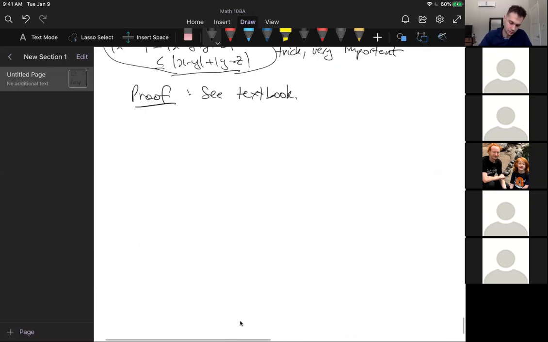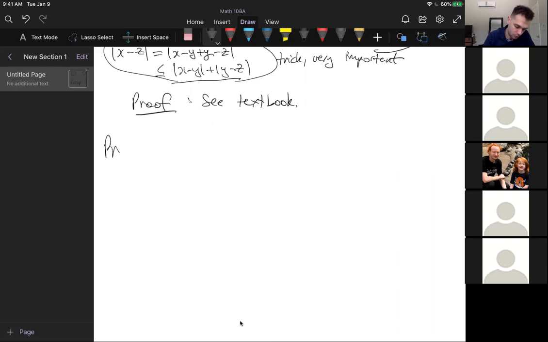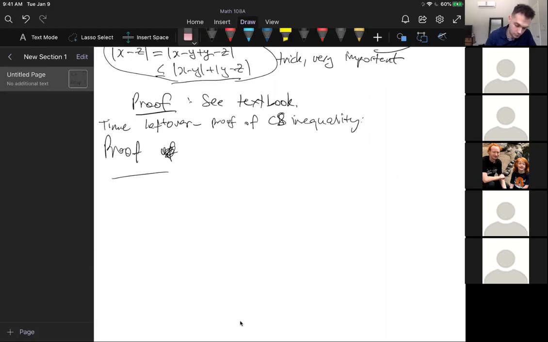So, time left over, proof of CS inequality. So how am I going to do this?